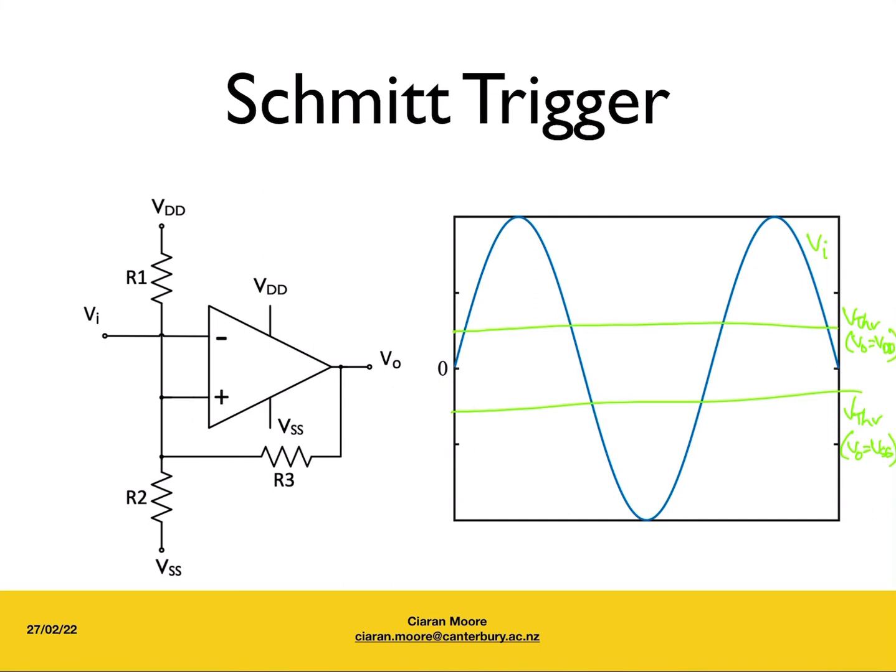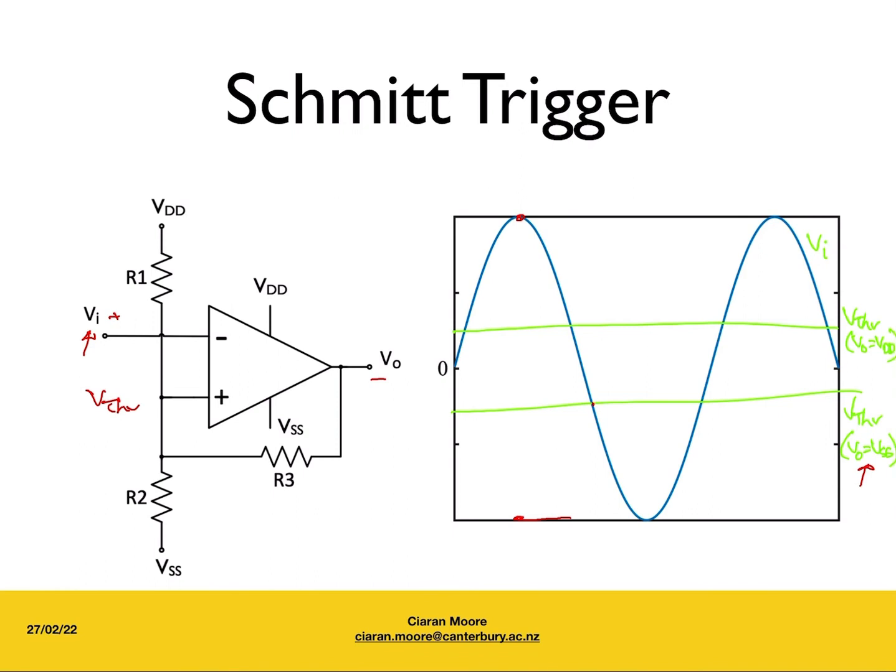Now let's go ahead and see if we can plot that output. So remember, it's an inverting comparator. So if we have a positive input voltage, we will get a negative output voltage. Here's a positive input voltage, means I expect a negative output voltage. That output voltage will stay negative until VI, our input, crosses VTHR, which at the moment is this line over here.